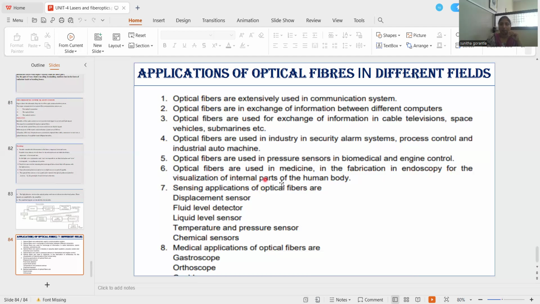In medicine, optical fibers are used in endoscopy for the visualization of internal parts of the human body.